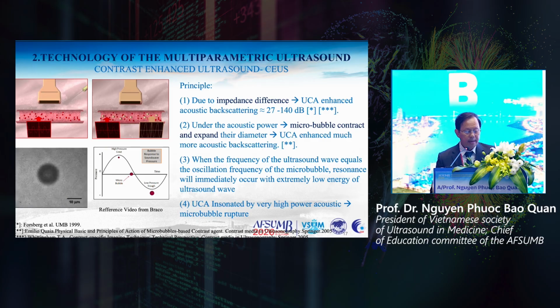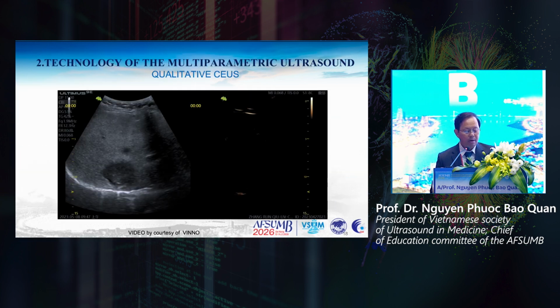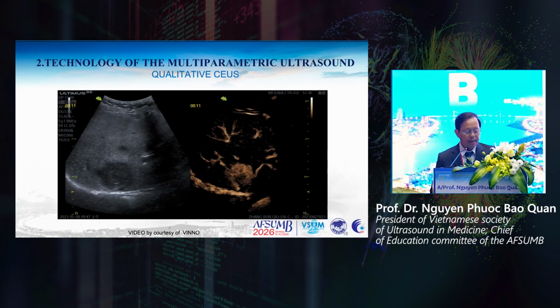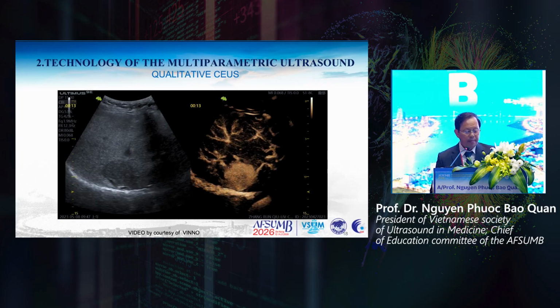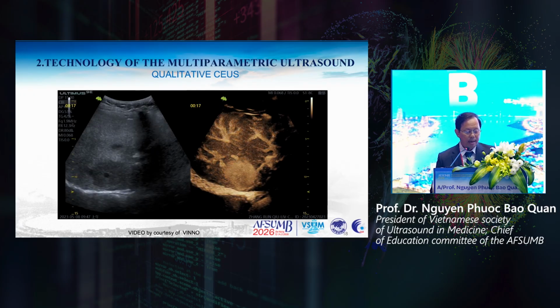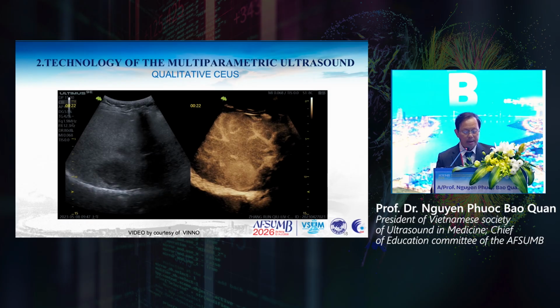Another technique of multiparametric ultrasound is CEUS, based on the oscillation of the microbubbles in the ultrasound field. With CEUS, we can inject the ultrasound contrast agent into the vein, and we can get the hemodynamics and vascularization of the lesion in the liver.